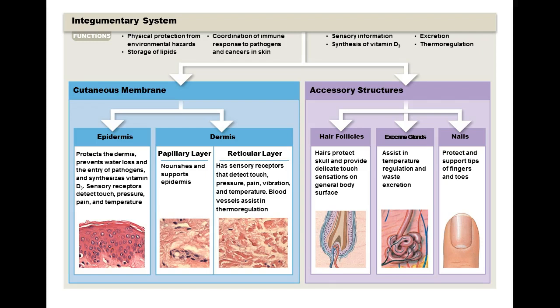Storage of lipids, coordination of immune response to pathogens and skin cancers. Many things in the body coordinate for immune response, because you need to be able to fight off a lot of things that are non-self. There are macrophages embedded in the skin.